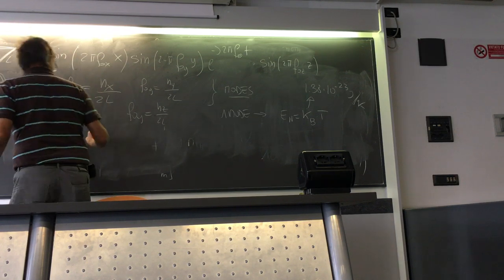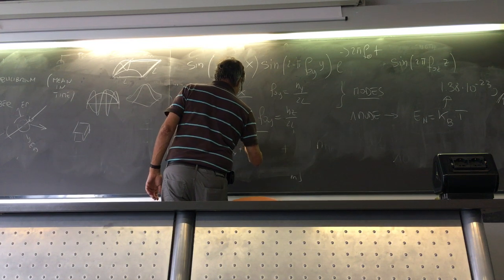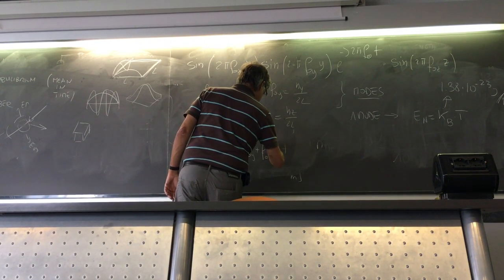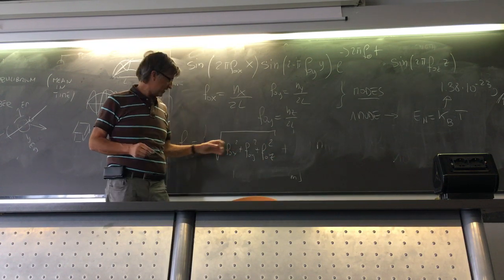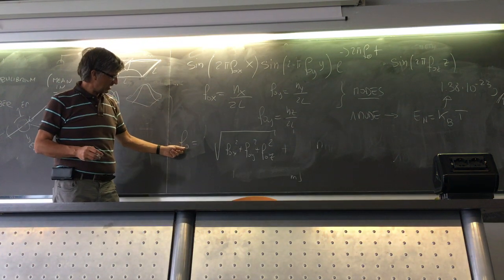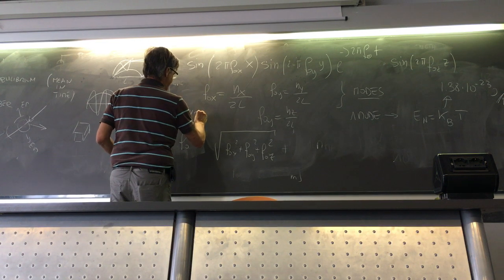Remember that you have always the relation that your frequency is the summation of f0x squared plus f0y squared plus f0 zeta squared. And remember that this summation is in cycles per meter. Your frequency is in cycles per second.